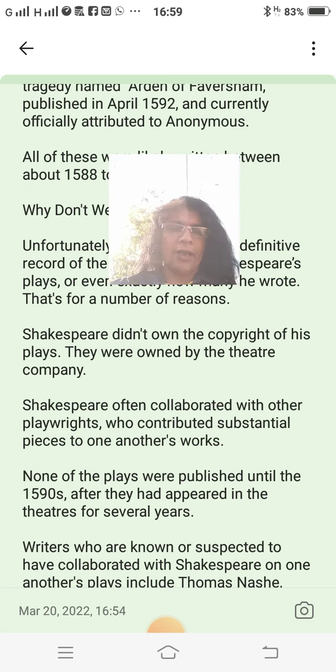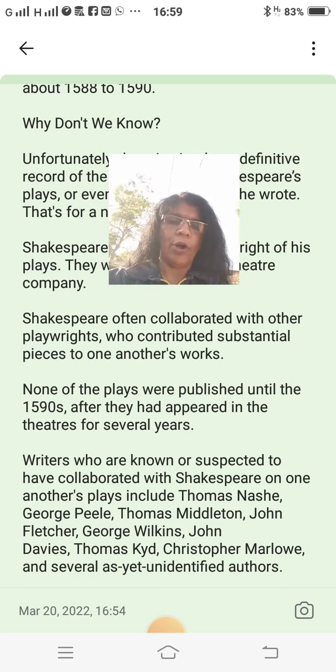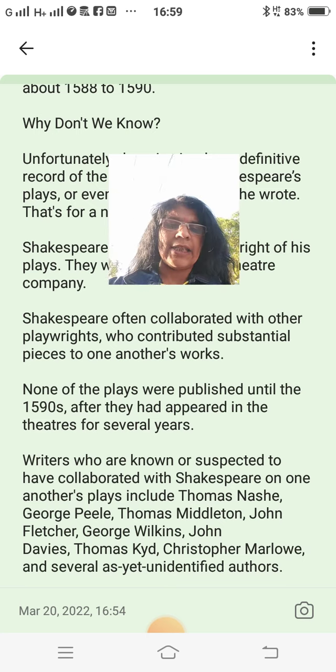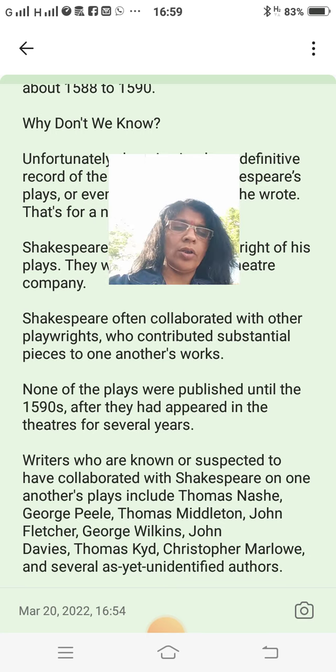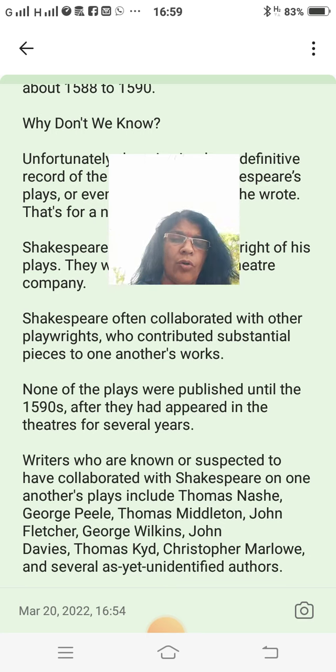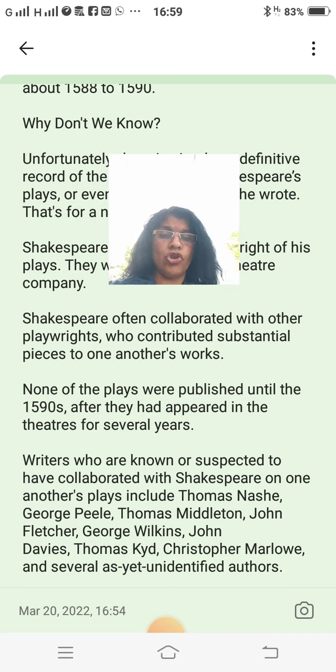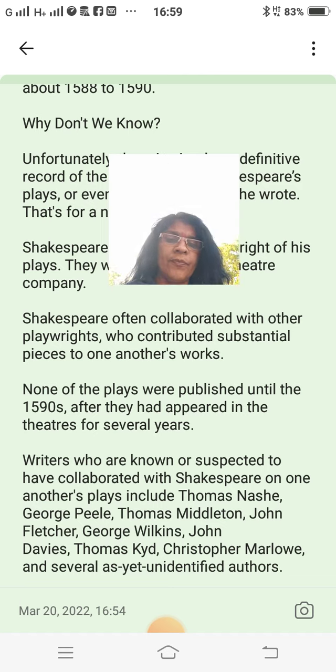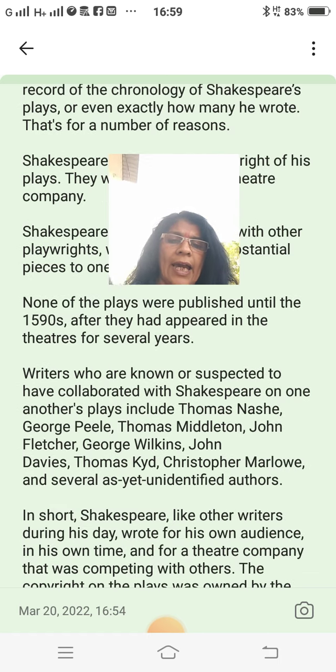Writers who are known or supposed to have collaborated with Shakespeare on one another's plays include Thomas Nashe, George Peele, Thomas Middleton, John Fletcher, George Wilkins, John Davies, Thomas Kyd, Christopher Marlowe, and several as yet unidentified others.